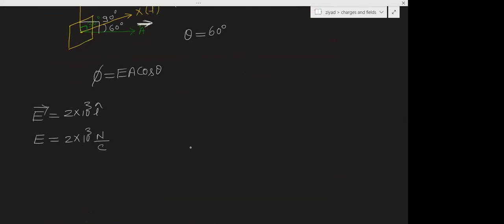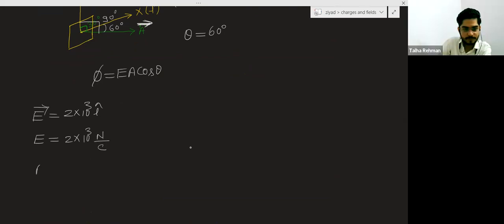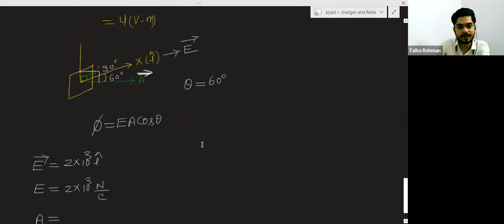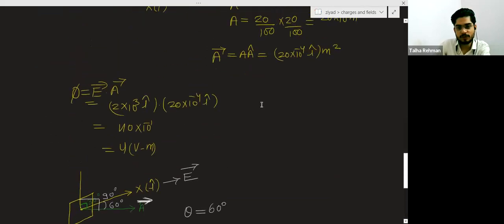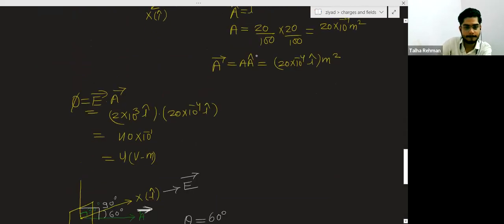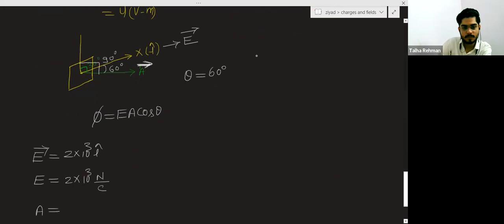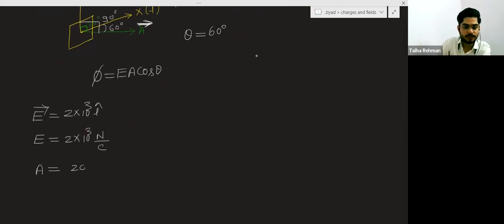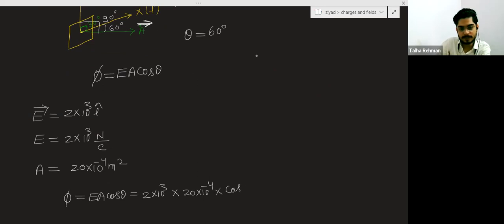For the area, if you want to write the magnitude, you will write only the value of A, that is 20 into 10 to the power minus 4. And theta we have, so you can apply phi is equal to EA cos theta. Electric field magnitude is 2 into 10 to the power 3, area is 20 into 10 to the power minus 4, and you will take cos 60.